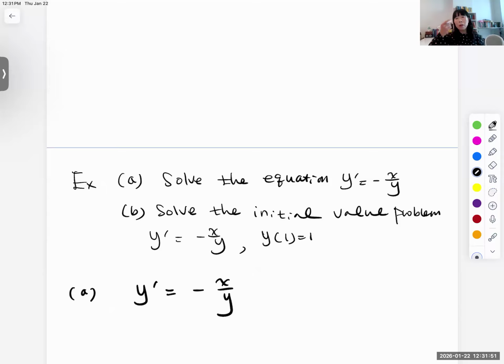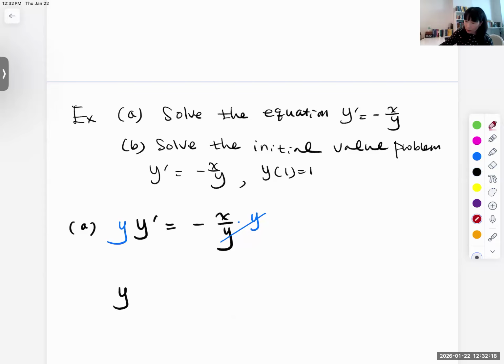We want to make one side with the y variable, which is the product of y times y prime. This is just simple, right? That's it.